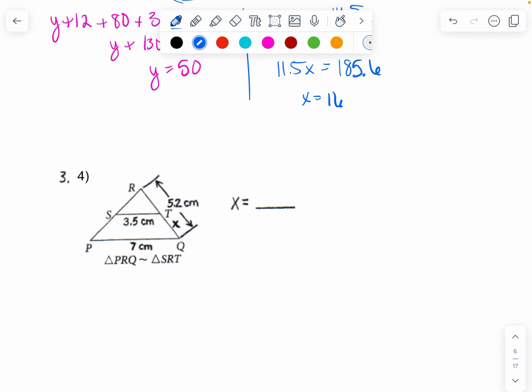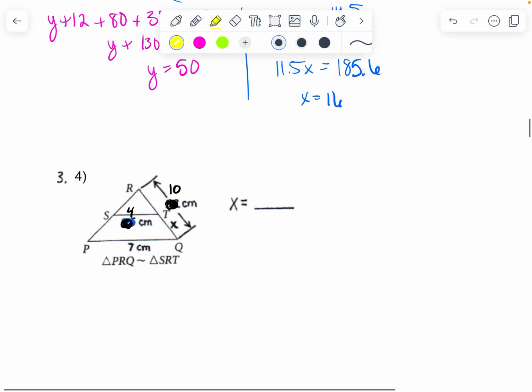Okay. This one, change the numbers. This one should be 4, and then this should be 10. Okay, so for this one, you need to change the triangles or redraw the triangles. So I look at, okay, here's this little guy, and then here's the big one, and I'll redraw them.